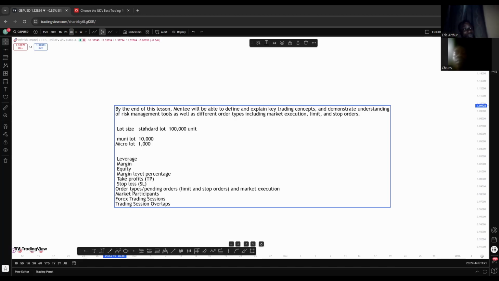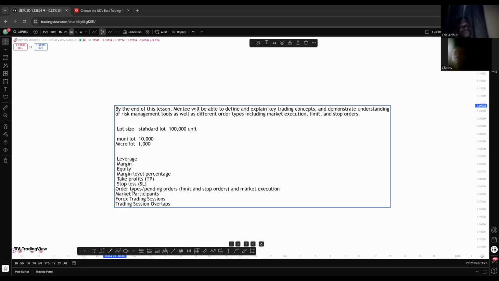So this is the largest lot size, and it's typically used by professional traders or institutions, or maybe if you become more profitable and you have a large amount of money. Yes, you can use that. I use that when I want to.